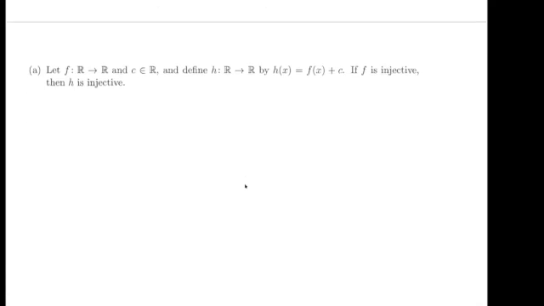So just to set up some initial work here, our P is if F is injective. And our Q is H is injective.